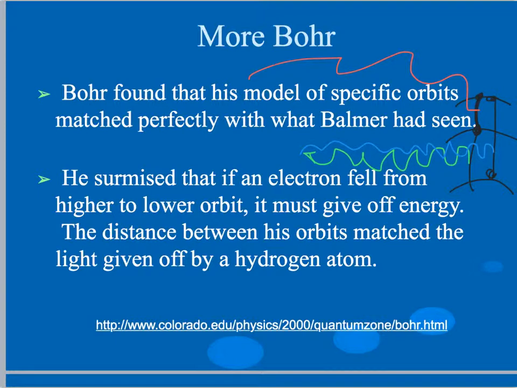So those energy distances matched with Balmer's light wavelength distances. And so this seemed like Bohr was on a really good track. So tomorrow, or Wednesday, we will talk about what happened from here, from Bohr's planetary model, and how it needed to be adjusted a little bit further to get us to the final model of the atom that we understand today.